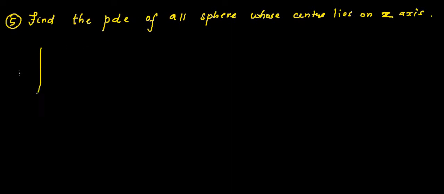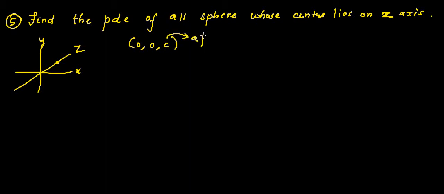Okay, this is x, y and z, and here the center of the sphere lies over here. So let us assume that c is a point on the z-axis, and the radius of the sphere will be r.